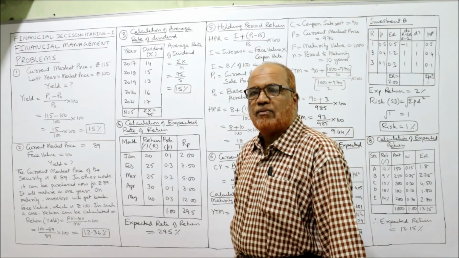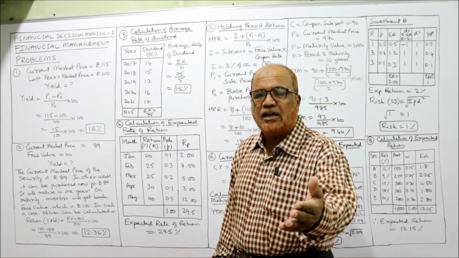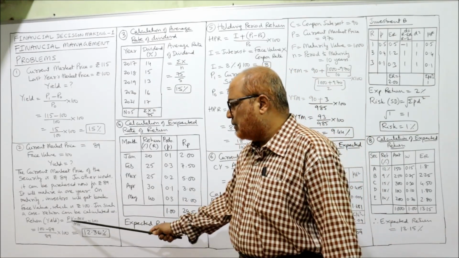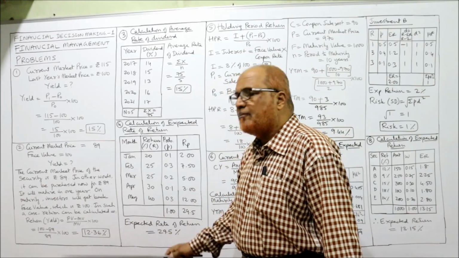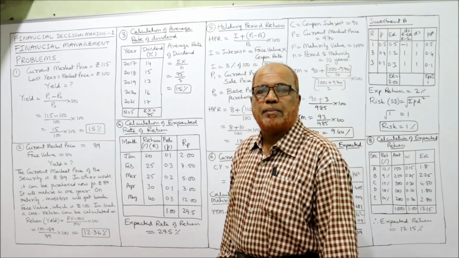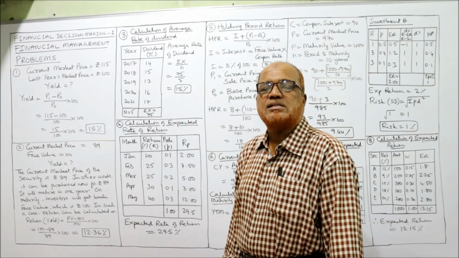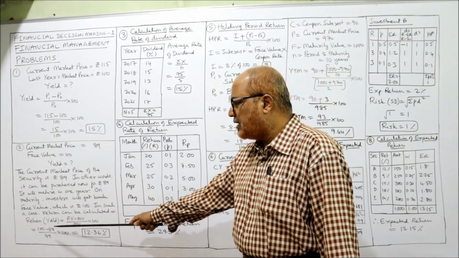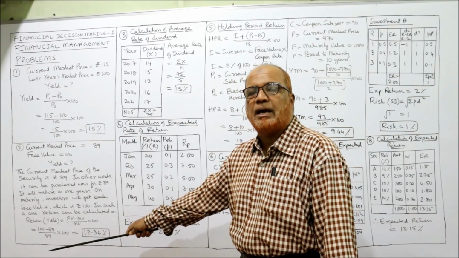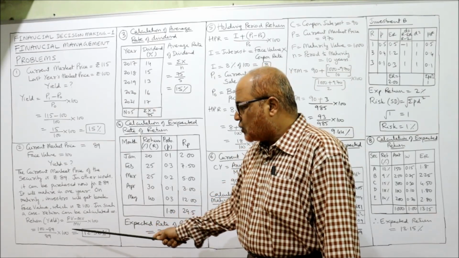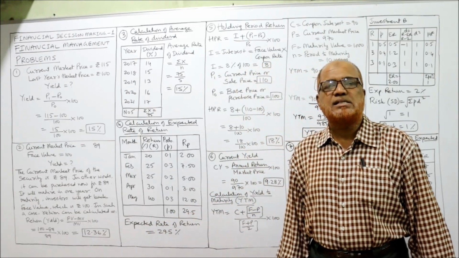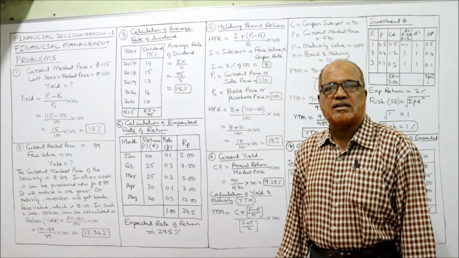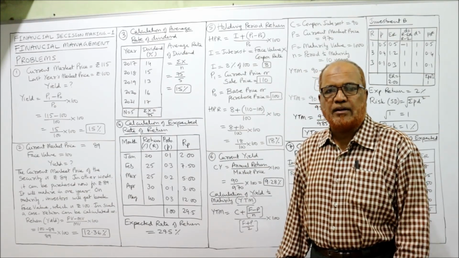FV stands for future value. After 1 year, the future value is 100, and MV is the current market price, 89. So (100 minus 89) divided by 89, into 100, comes to 12.36%. This is the return I am expecting in 1 year.